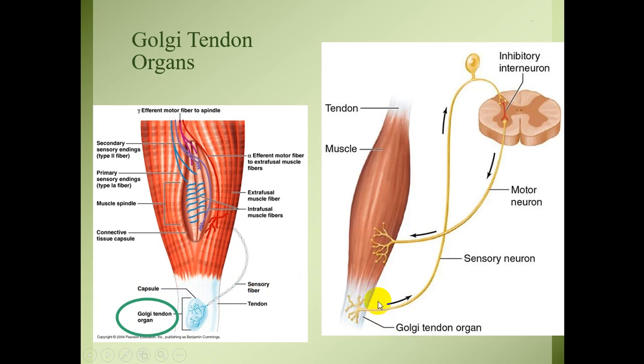They are known as Golgi tendon organs, and they are the receptors for monitoring the tension in the tendon, which is produced during muscle contraction. The sensory information is passed on to the posterior gray horn of the spinal cord. From there, they are also conducted to the higher center.